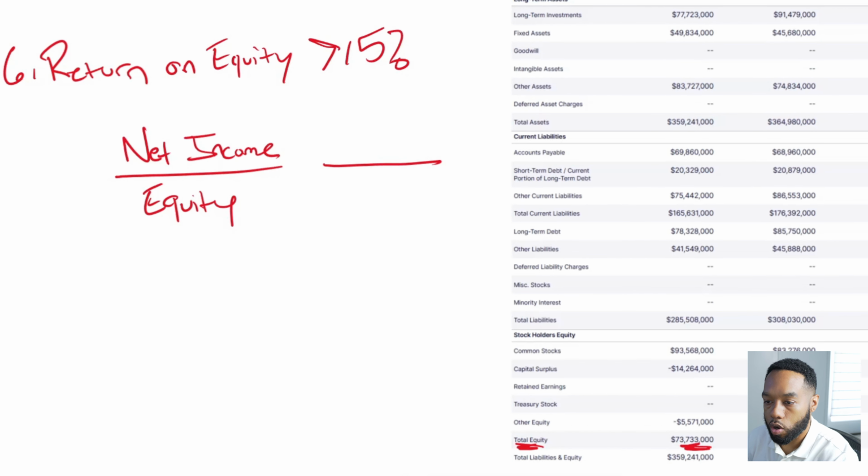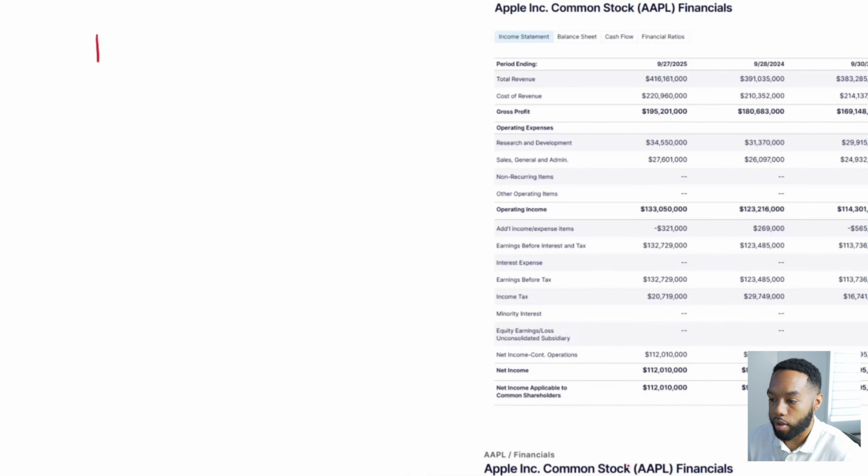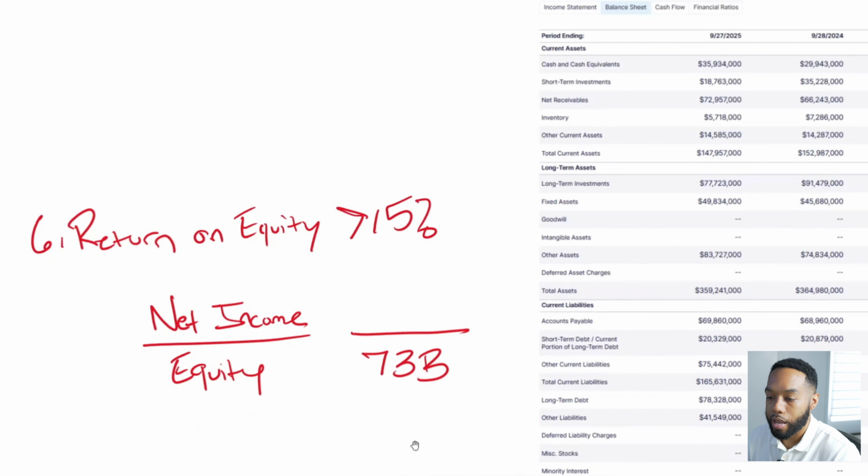So in the denominator, we would put this at $73 billion. And our net income is going to be found back on the income statement that we looked at earlier. So let's scroll back up to our income statement, and we see our net income right here is $112 billion. And this is going to go in the numerator portion.